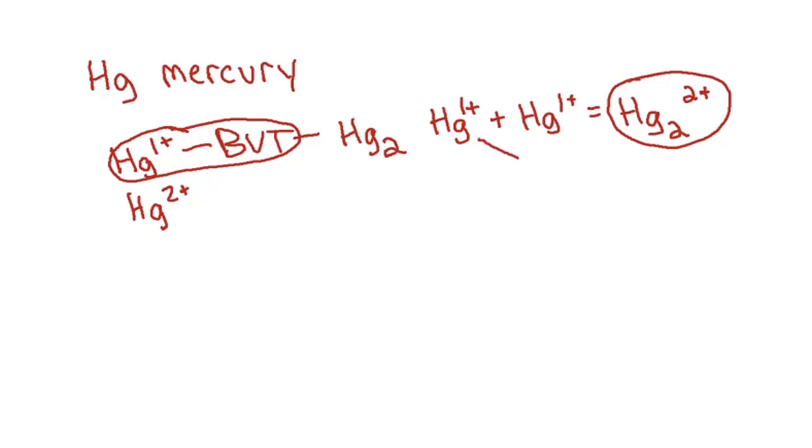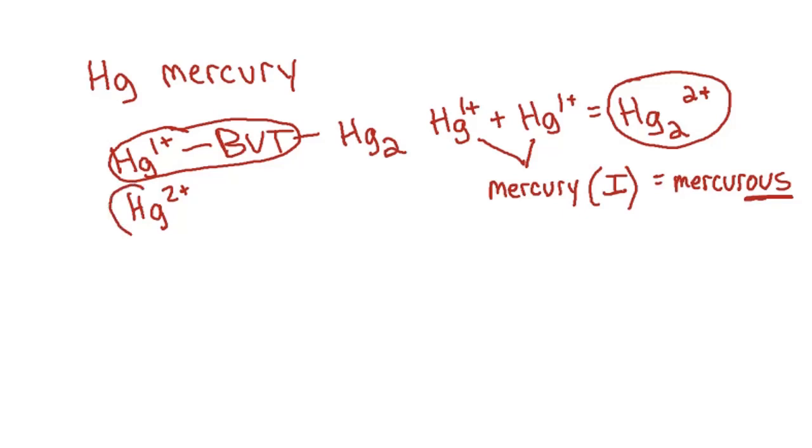So since each mercury only has a 1 positive charge to it, we're going to call that mercury 1, that's 1 in Roman numerals after the mercury. And that's going to be called mercurous. Because remember, the least amount of charge, you're going to have the "ous" at the end for these transition metals.